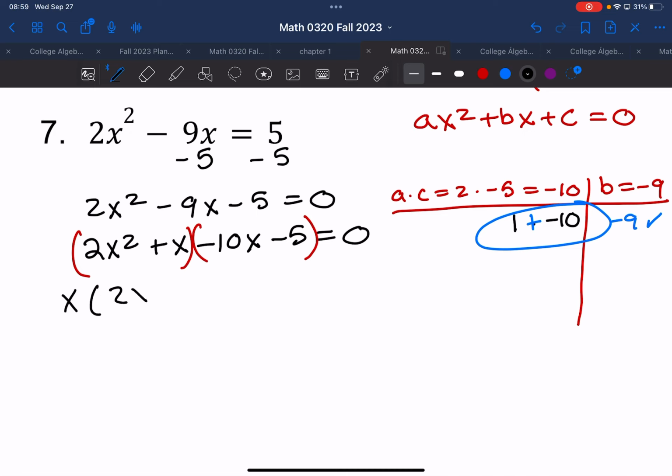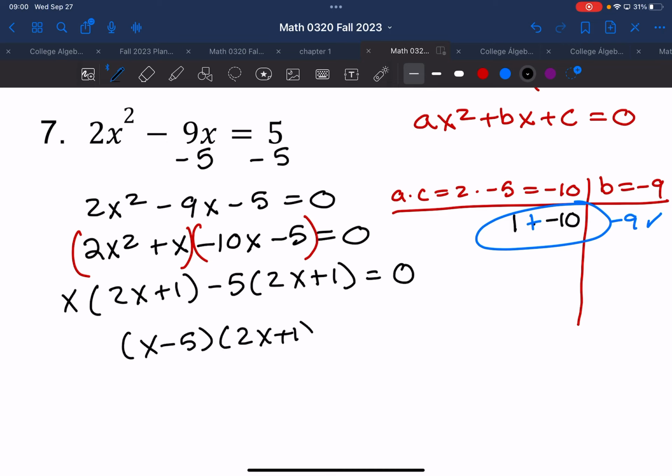So I'm left with 2x plus 1. And then the GCF out of the second term is negative 5, and I'm left with 2x plus 1. So that means my factors for this problem are x minus 5 and 2x plus 1.